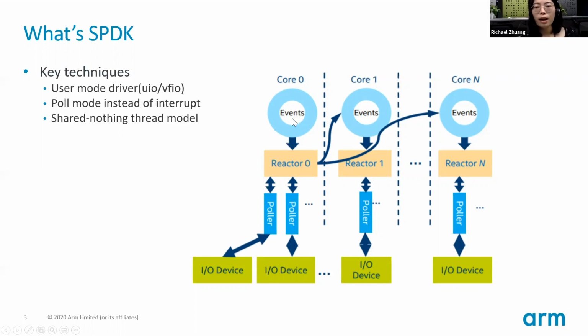For an NVMe device, a hardware queue is only ever accessed from one thread at a time. SPDK can send requests to the device from multiple threads in parallel without locks. It's these 3 key techniques that bring SPDK's high performance.